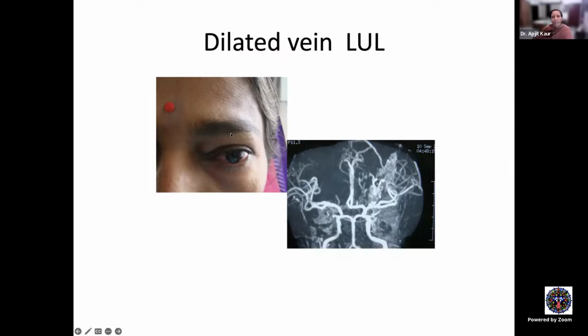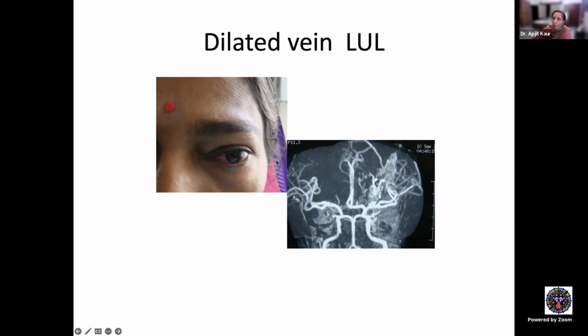Now, this was a very interesting lady. You see, she has diffuse congestion of the conjunctiva. She has this huge knuckle here on the left upper eyelid in the medial part. And she has been going from pillar to post, being treated as scleritis, episcleritis, and the works.